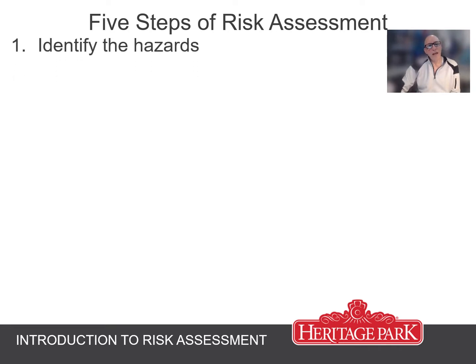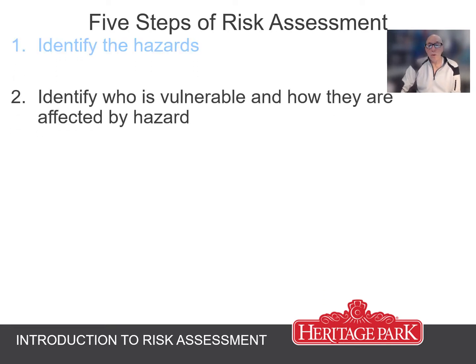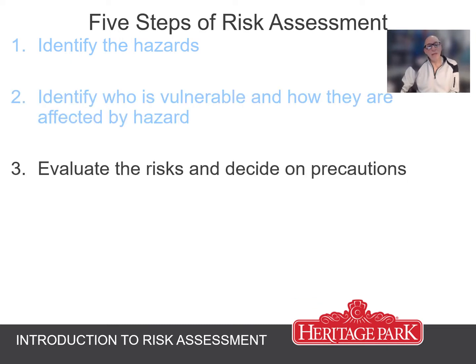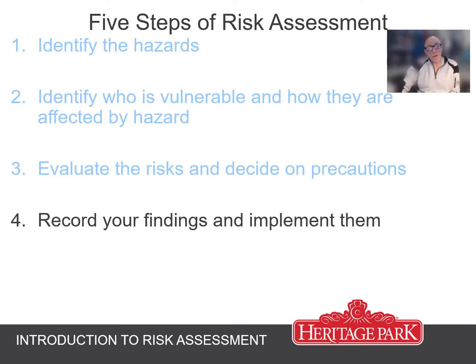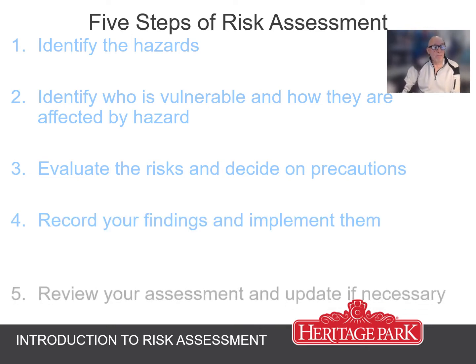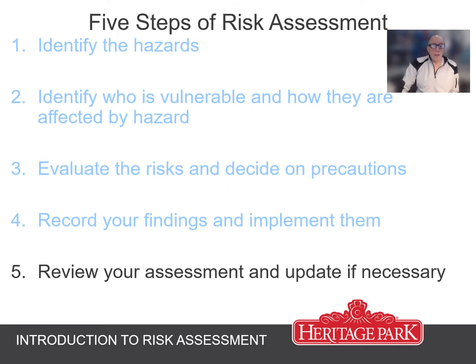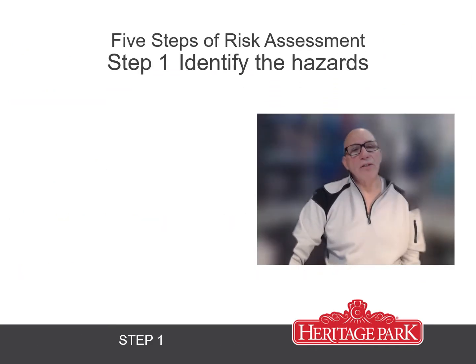We identify the hazards, we identify who is vulnerable and how they're affected by those hazards, and then we evaluate the risk and we decide what kind of precautions or controls we can put in place to minimize the risk associated to those tasks that we perform or they get involved with. And then we record those findings and implement them. And we review and assess and update them as necessary. So let's break these down into each step.